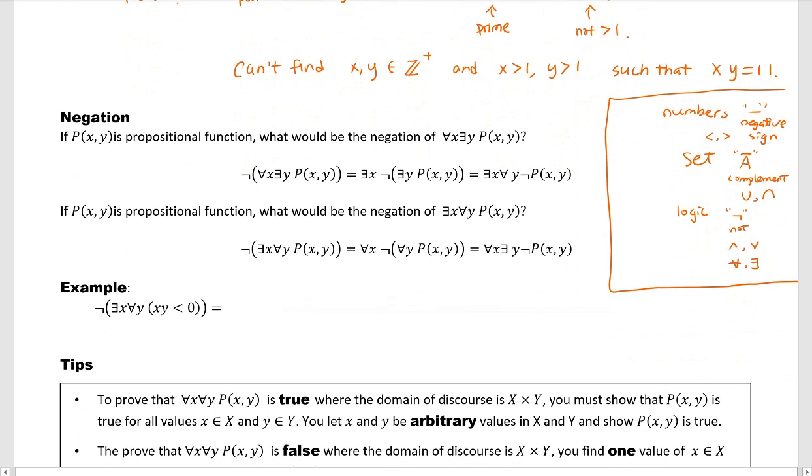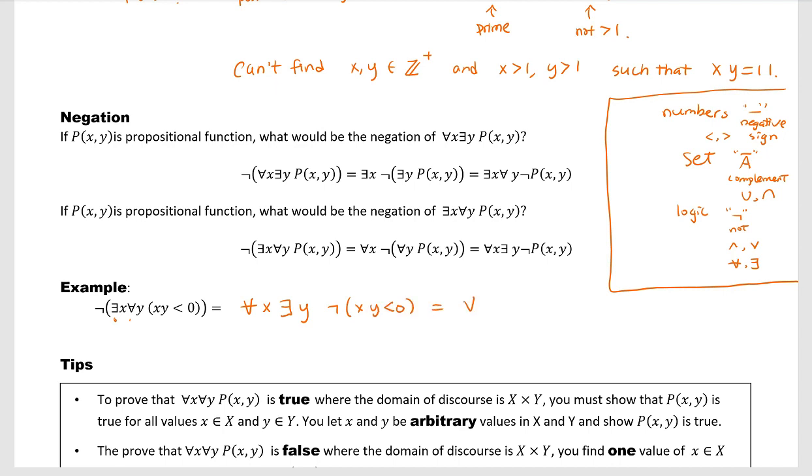For example, what is this? Not, and this is the exists. Flip it, it becomes for all x, and x stays there. And this is for all, so we have there exists y, and then not xy less than 0. What is this?